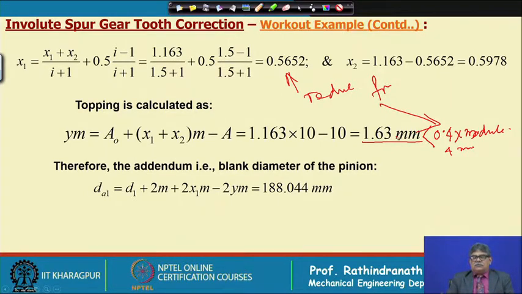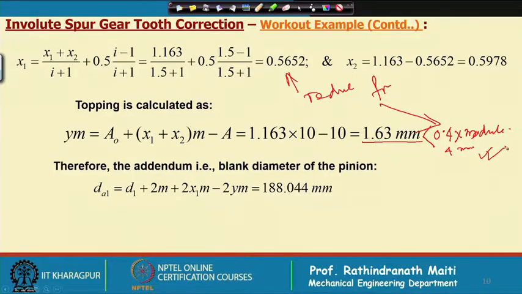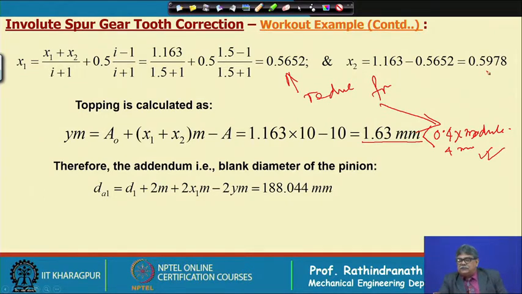So, there is no harm, one can go for such calculation, so that we can maintain this one and we can reduce this one, we can increase this one, but increasing this correction factor in gear, it will happen that the gear will become much more stronger than the pinion.